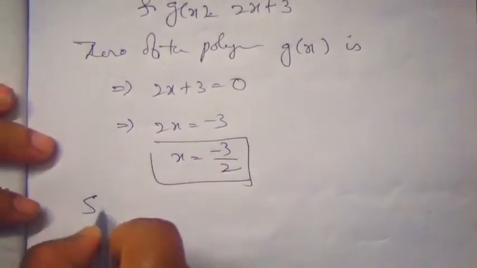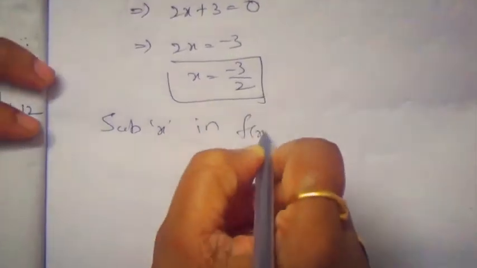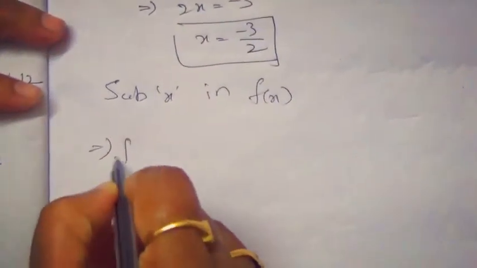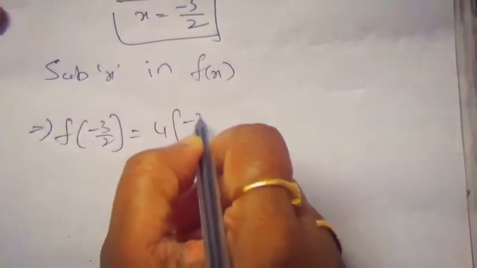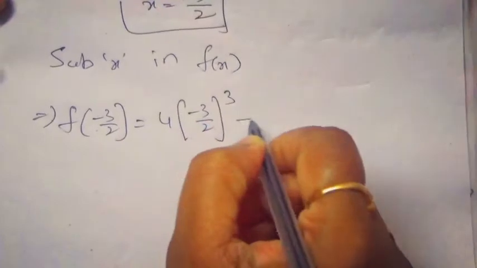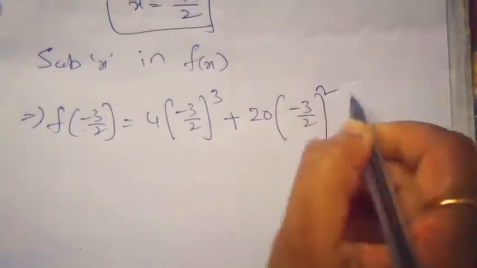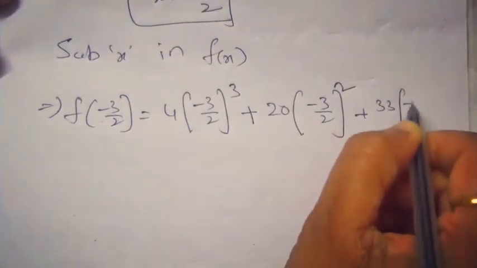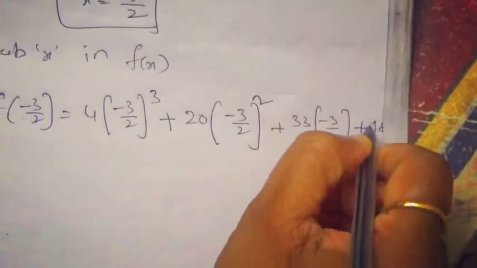Okay, substitute x in f of x. That implies f of minus 3 by 2 is equal to 4 of minus 3 by 2 whole cube plus 20 of minus 3 by 2 whole square plus 33 of minus 3 by 2 plus 18. Here 18 is there.